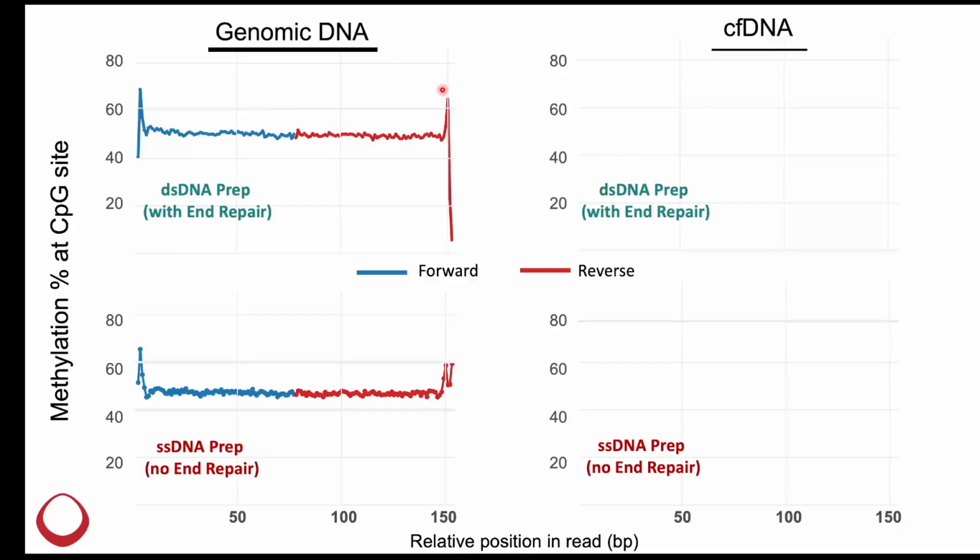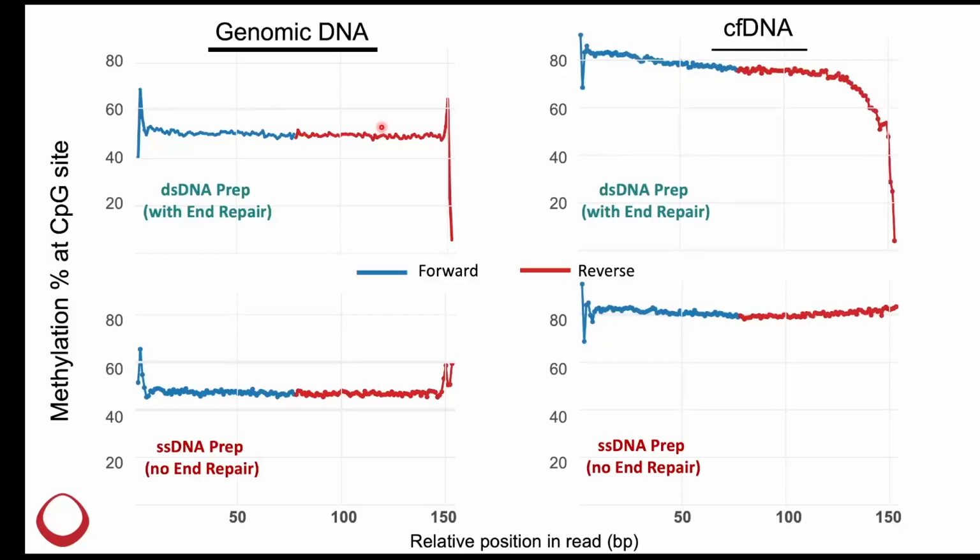And this is nothing that trimming a few bases off the end of the read informatically after sequencing won't fix. However, in cell-free DNA, these recessed ends are longer and the overall methylation is higher, as I showed in that original plot. So the effect is magnified.